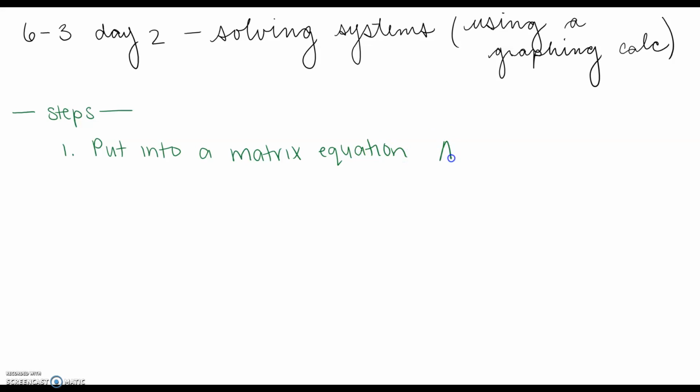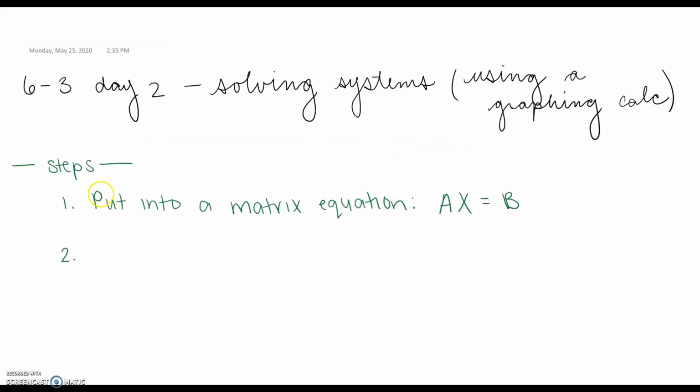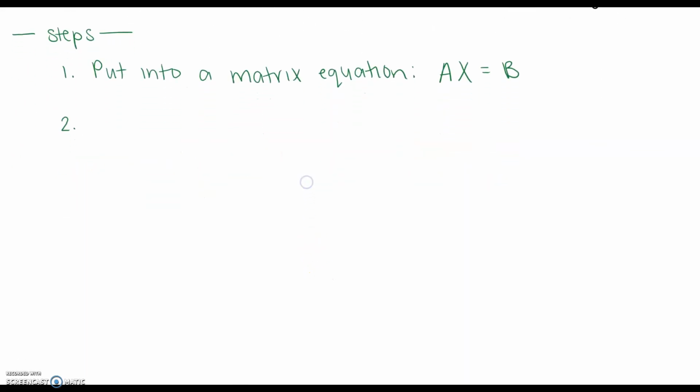So that's the AX equals B. The second thing you're going to do is set up, or show, your X equals the A inverse times B.